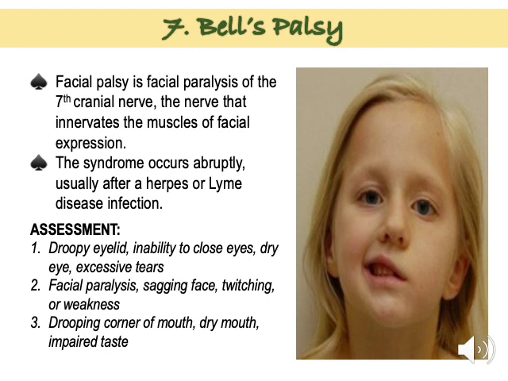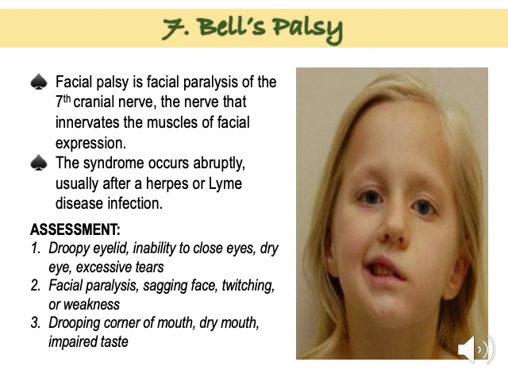Bell's palsy or facial palsy is facial paralysis of the seventh cranial nerve. That's the facial nerve. It's the nerve that innervates the muscles of the facial expression. The syndrome occurs abruptly. It usually happens after a herpes or a Lyme disease infection.